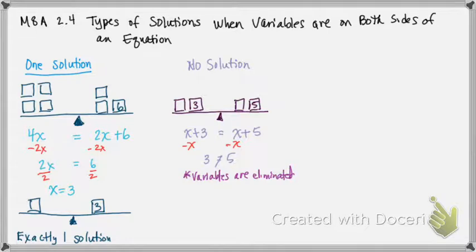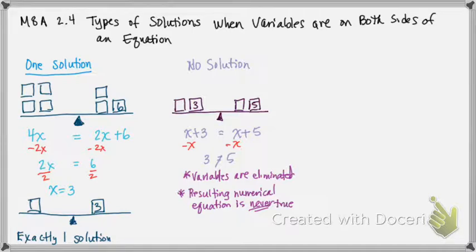And the second thing that happens in this particular situation is that the resulting numerical equation is never true. Okay, so we know that 3 is never equal to 5.